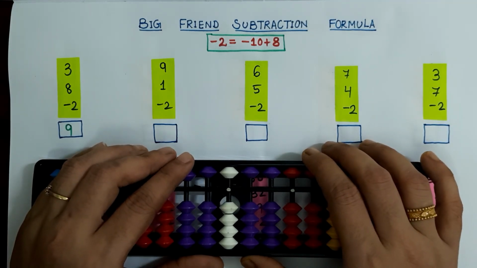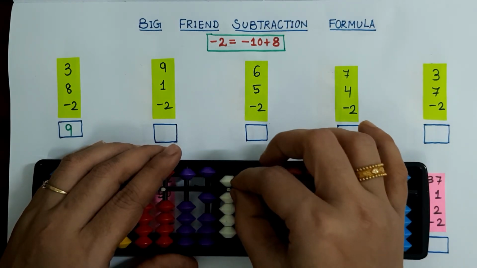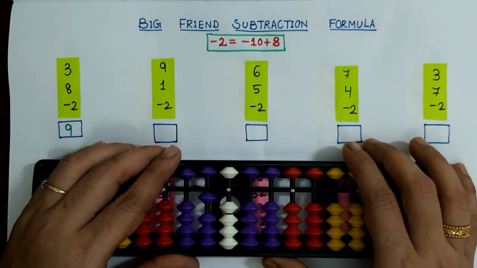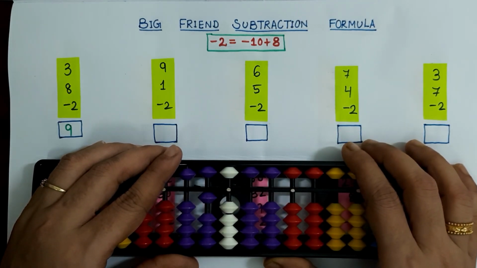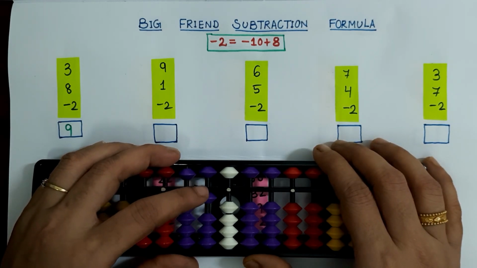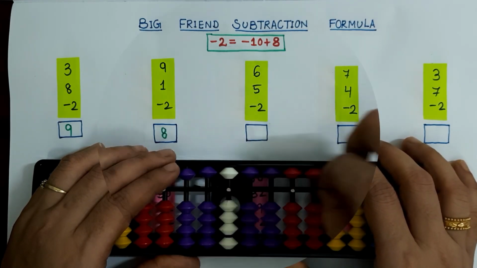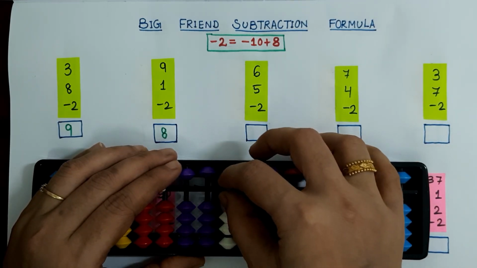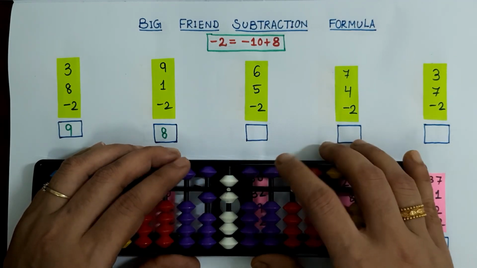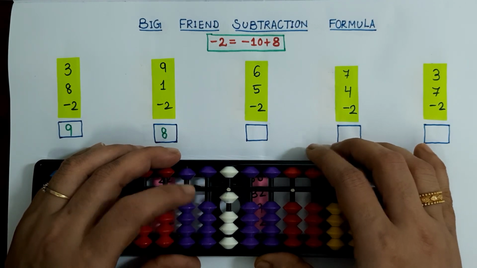Second sum is 9 plus 1 is plus 10 minus 9. Here I used the big friend addition of 1. Then minus 2. Minus 2 is minus 10 plus 8. Answer is 8.